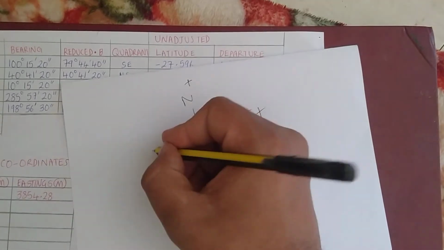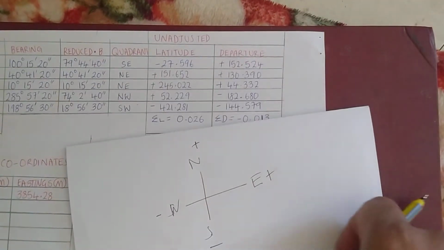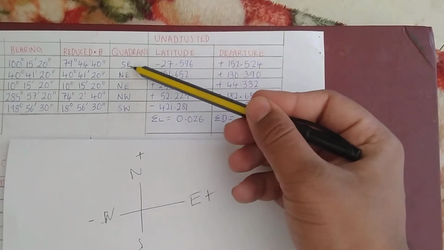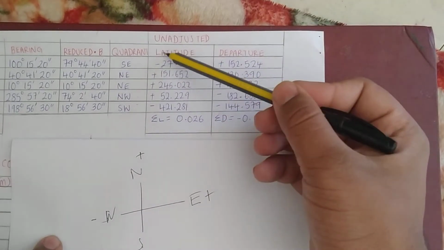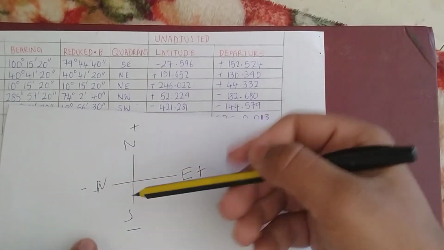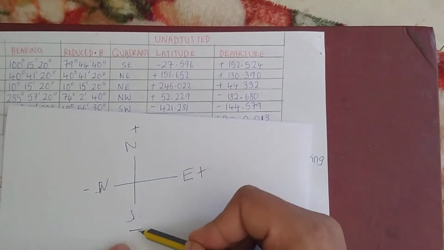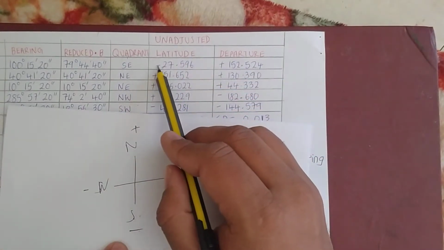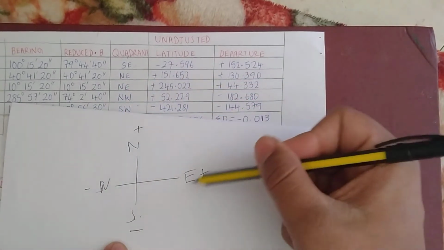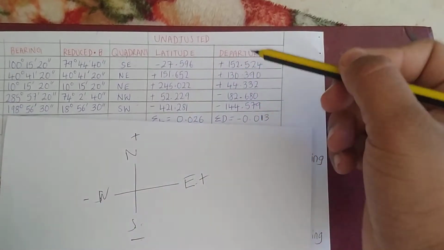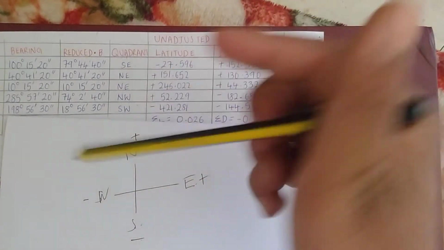South is negative and west is also negative. So when the quadrant is southeast, our latitude gets a minus because south is minus, and east is positive, so we put a plus there. You do the same for all of the quadrants.